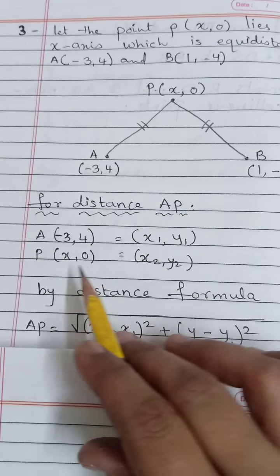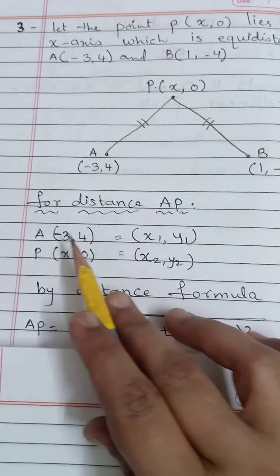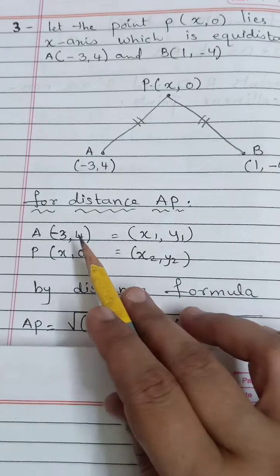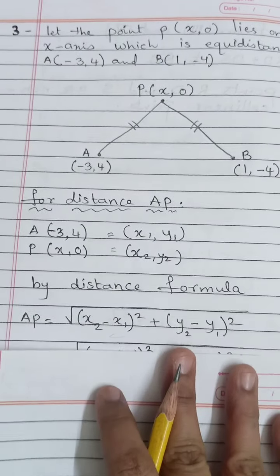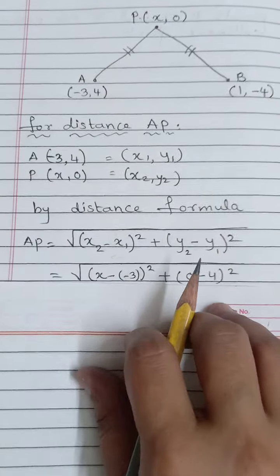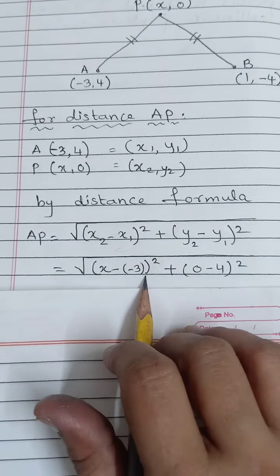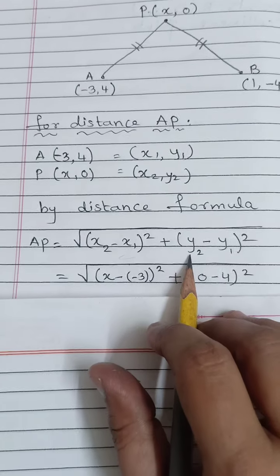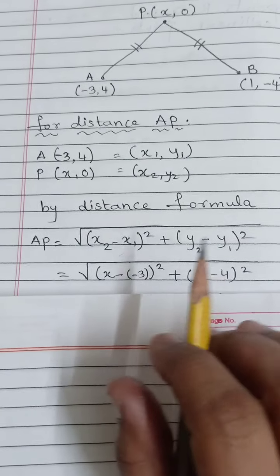So the value of x2 is x, the value of x1 is minus 3, the value of y2 is 0, and the value of y1 is 4. All these values we will substitute here. So x2 will be x, then the middle minus sign, then x1 is minus 3, so I have taken it in brackets, then a big bracket and a square. Then y2 is 0, y1 is 4.